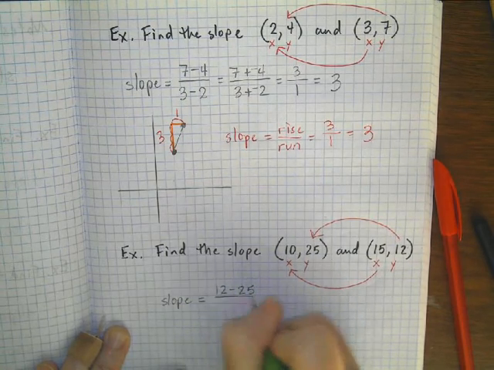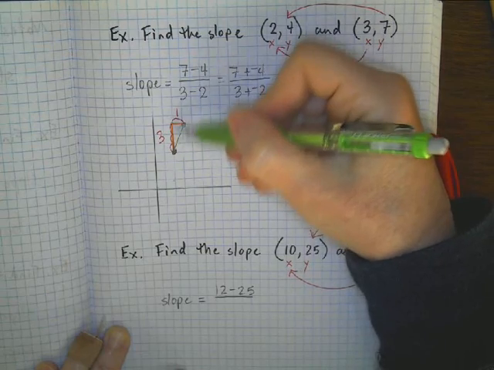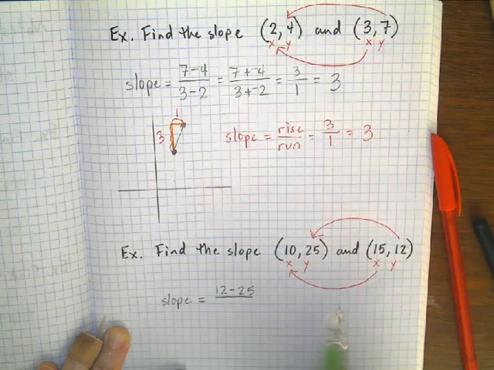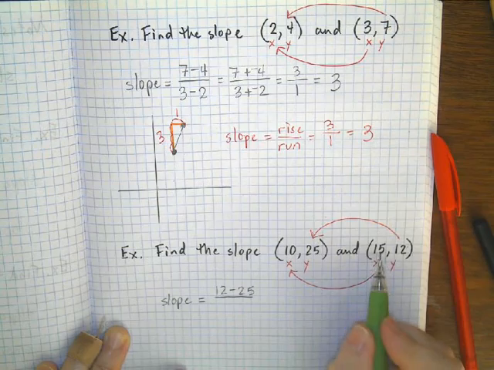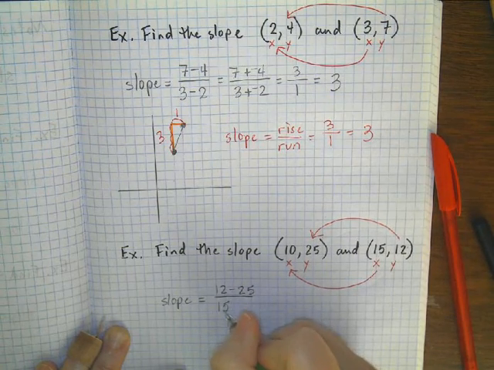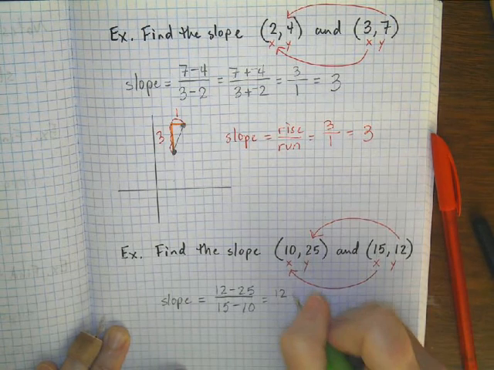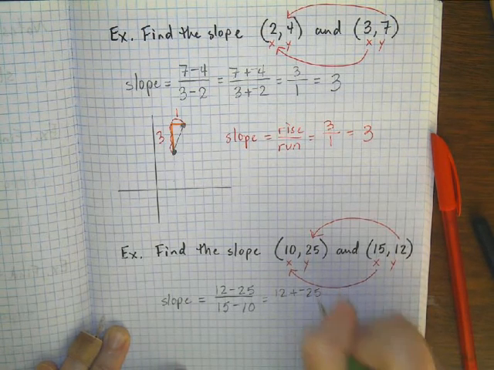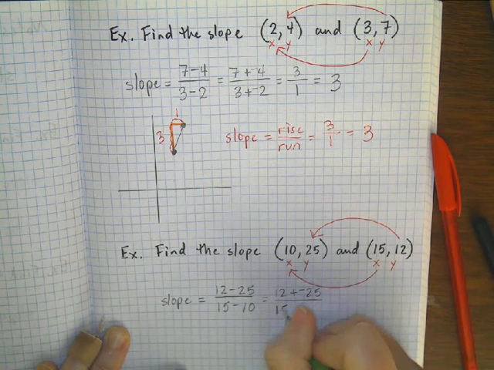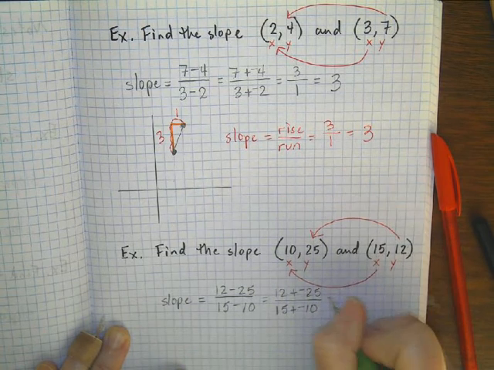Okay, that's the vertical change, the change in y, over the change in x, 15 minus 10. So I'm going to rewrite it, 12 plus negative 25, 15 plus negative 10. Okay, the bottom looks easier.